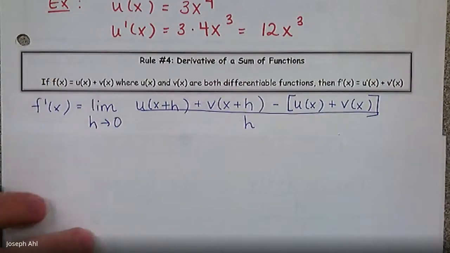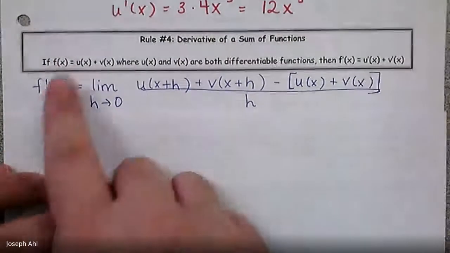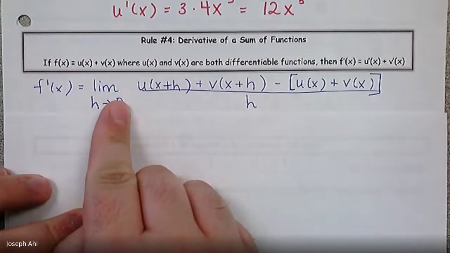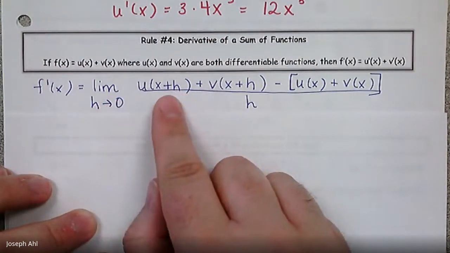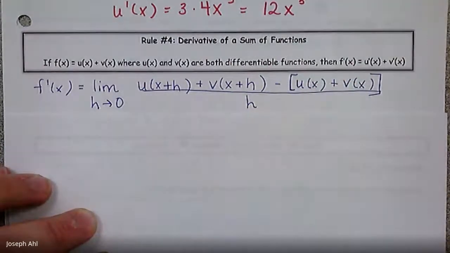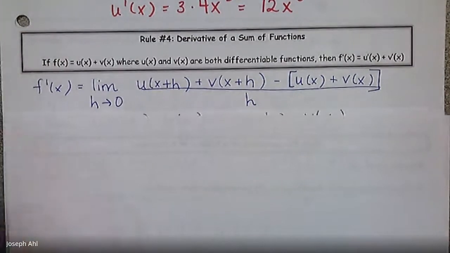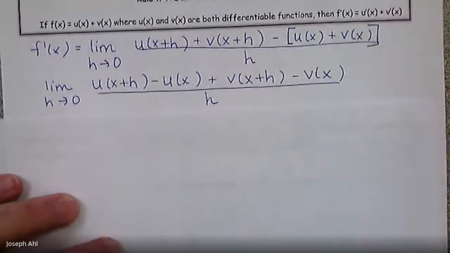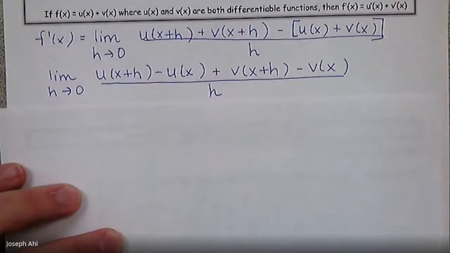So here's what we get in our initial substitution. To find the derivative f prime of x, it would be the limit as h goes to 0 of u of x plus h plus v of x plus h, minus u of x plus v of x, all over h. And then from there, we group some terms together selectively: put all the u's together, put all the v's together.